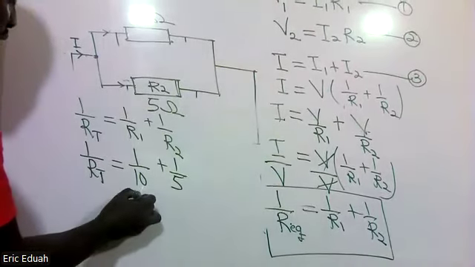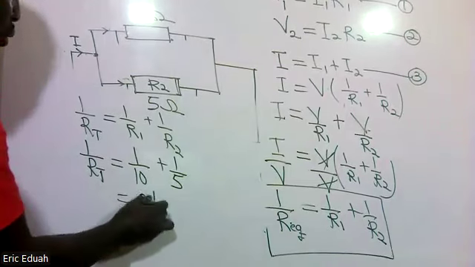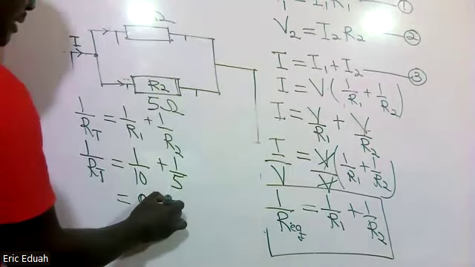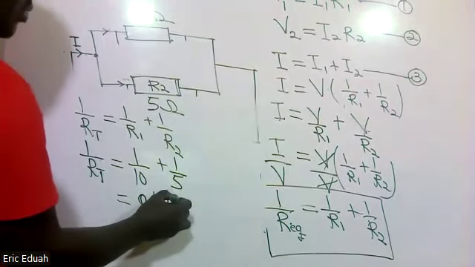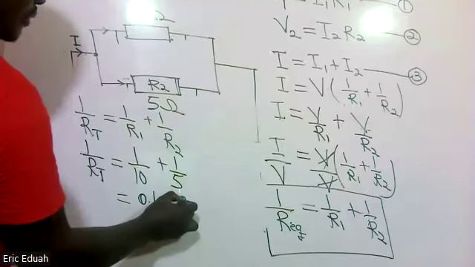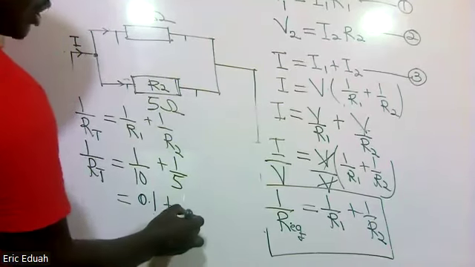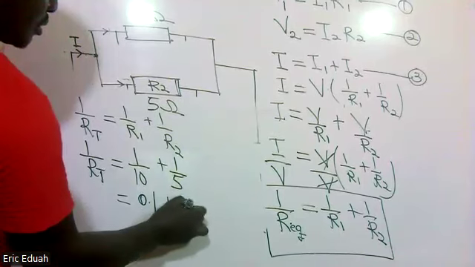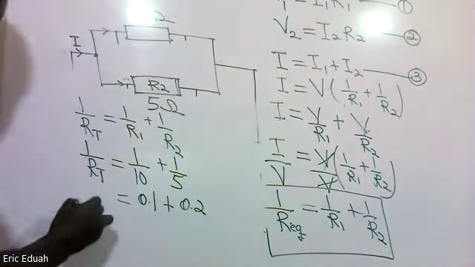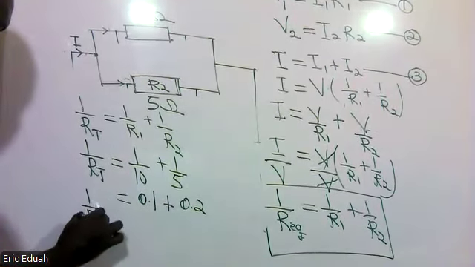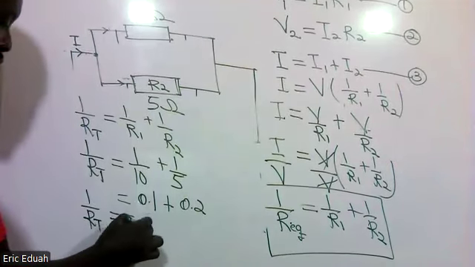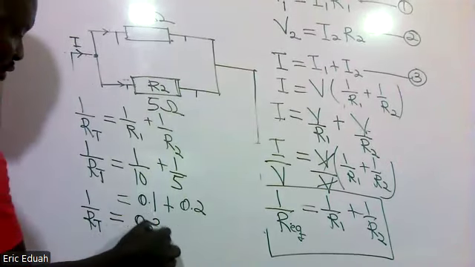This is equal to 0.1 plus, this is equal to half, 0.2. So 1 over RT is equal to 0.3.